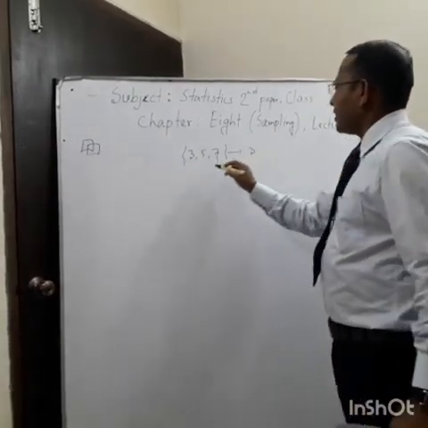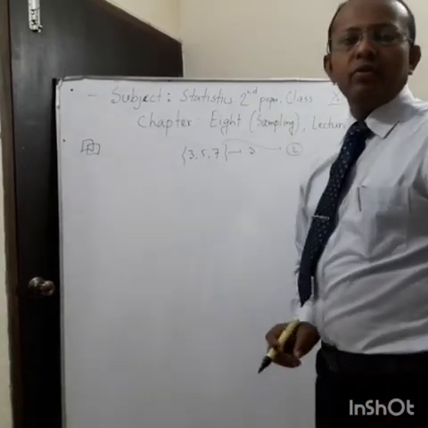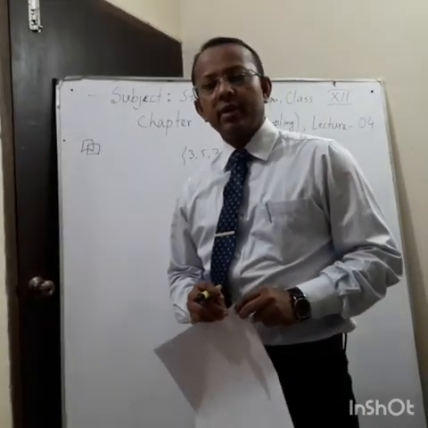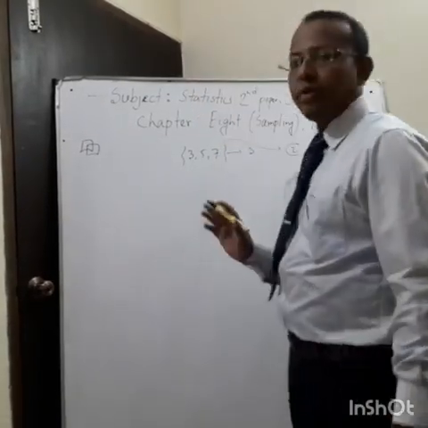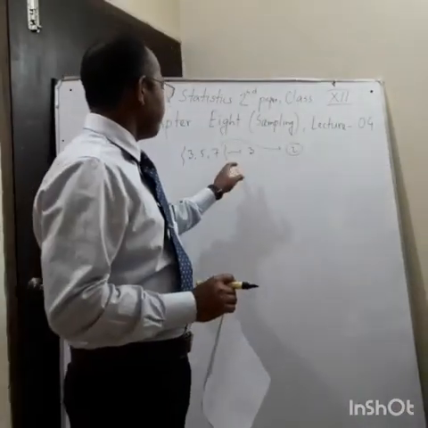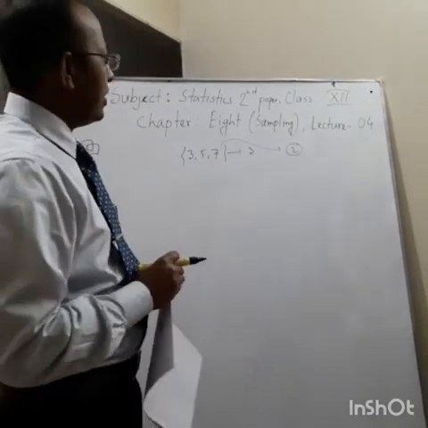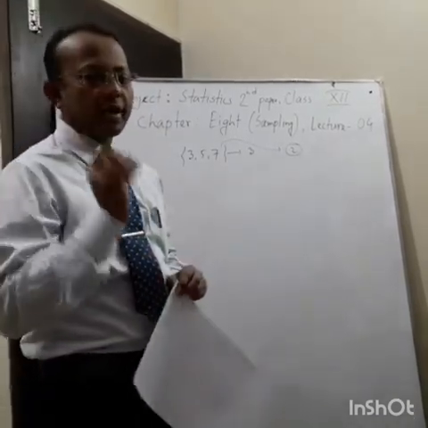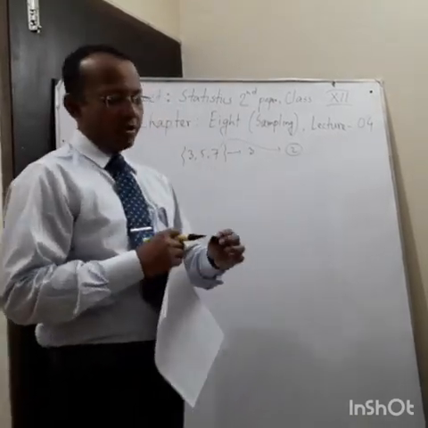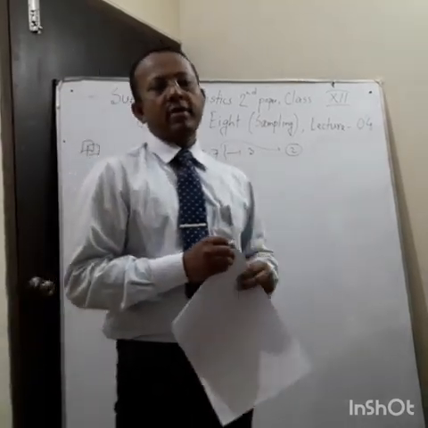If we collect a sample of size 2, then we have to write the samples. Now, simply we know that if we collect the samples with replacement, in that moment we will get 9 samples. But if we collect the samples without replacement, in that moment we will get only 3 samples.